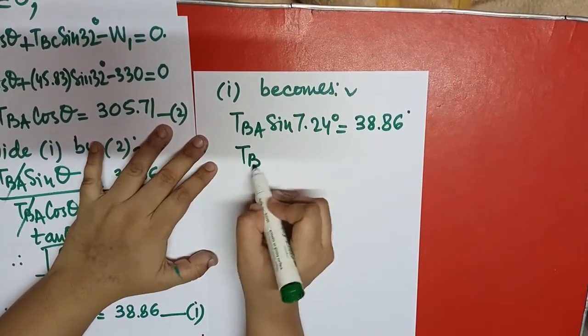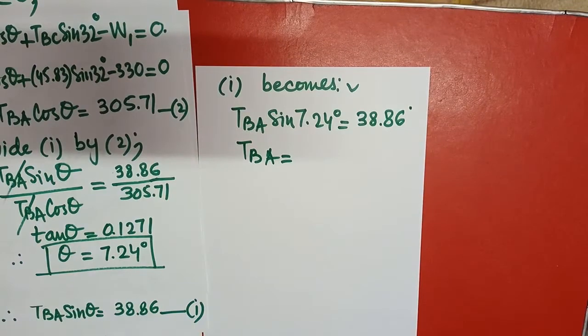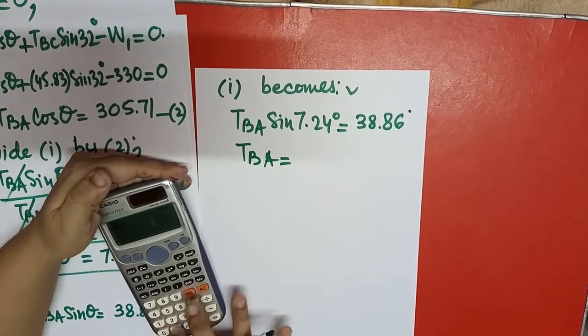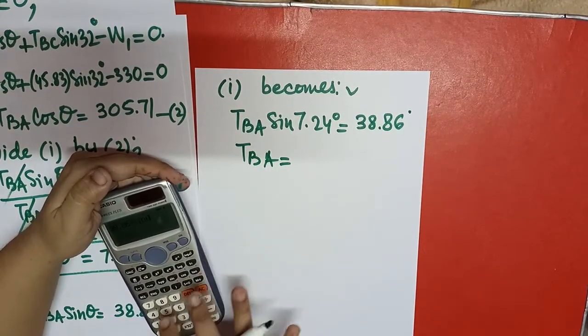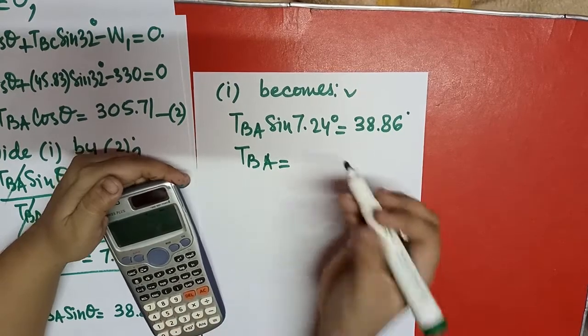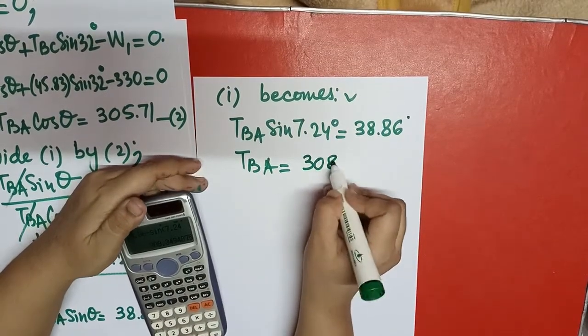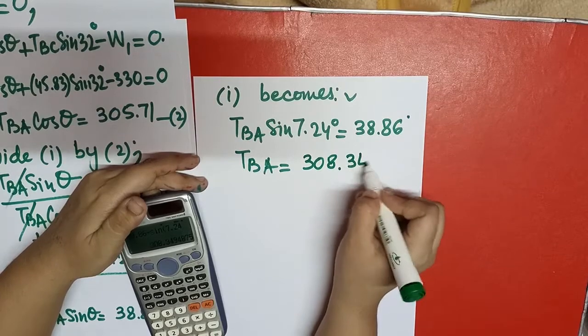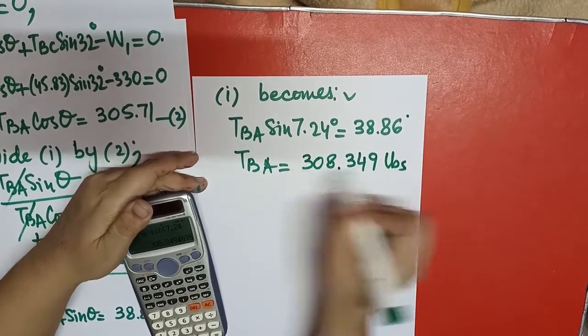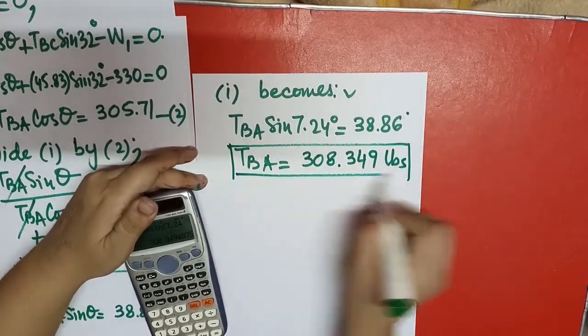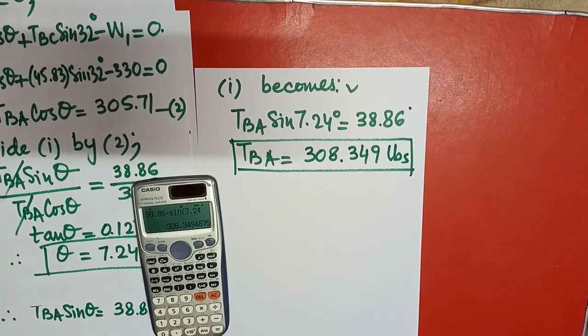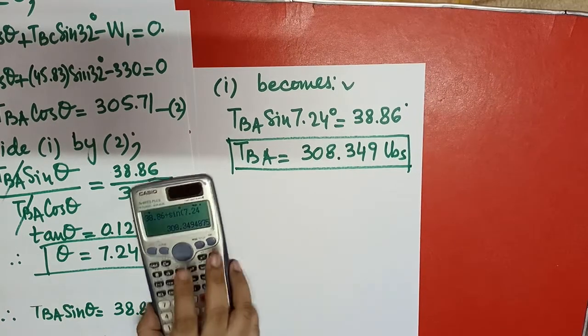So TBA comes out to be 38.86 divided by sine of 7.24 degrees, so the answer will be 308.349 pounds. This is the way to calculate tensions.